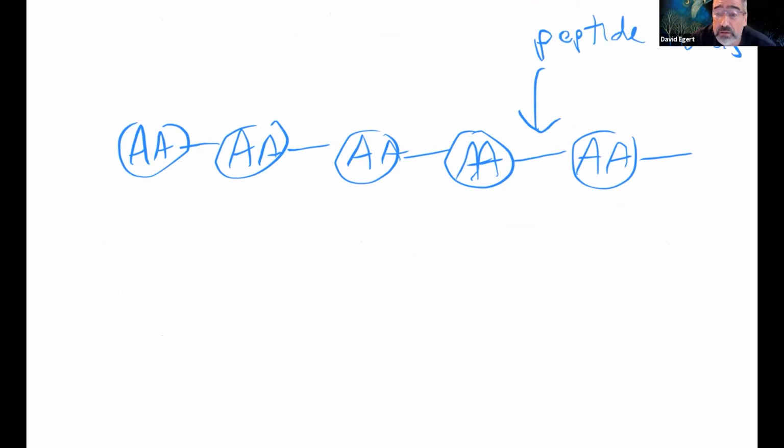A typical protein is made up of thousands or tens of thousands of these amino acids connected together. They're huge. If it's less than 100 amino acids, then you typically call it a peptide rather than a protein.